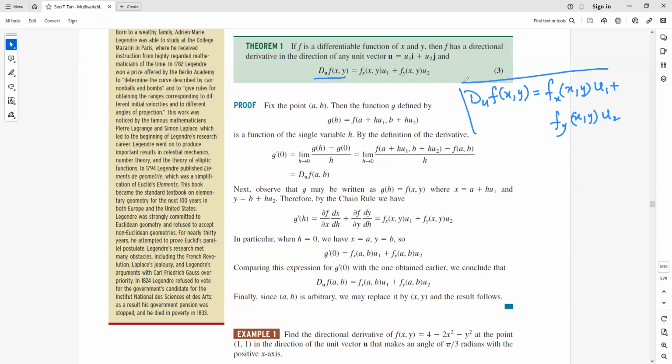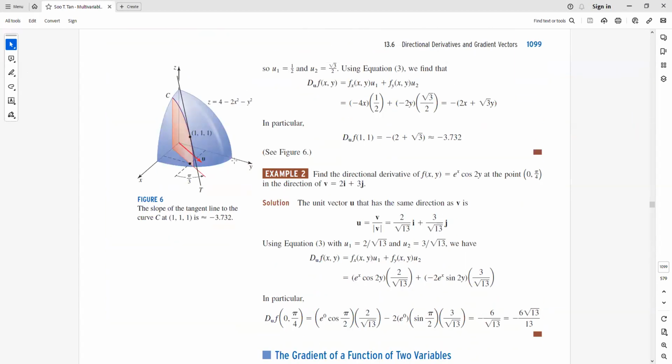So this way we can get the directional derivative of the function. Now let us do an example to understand.